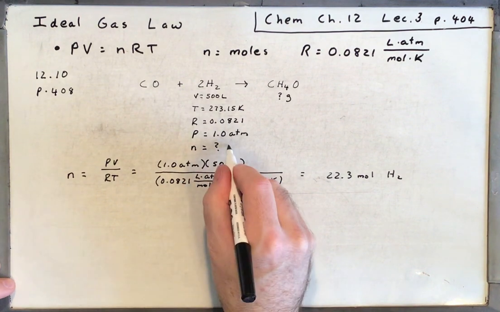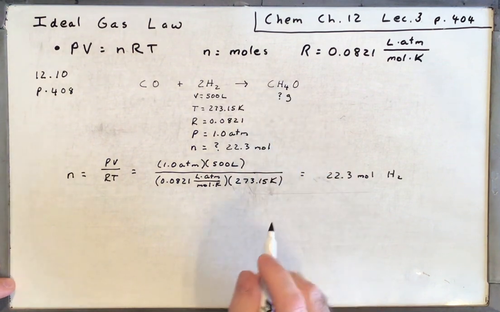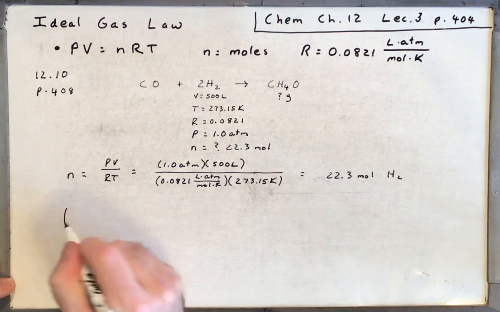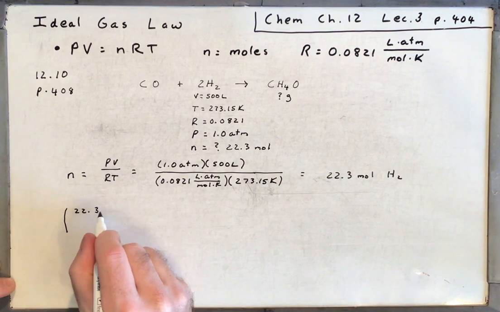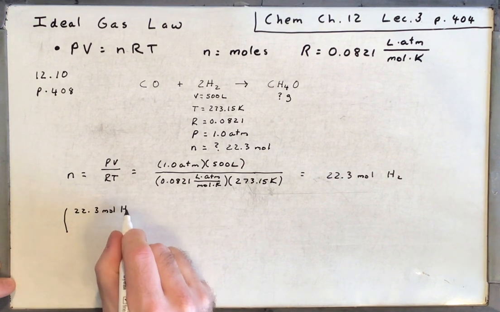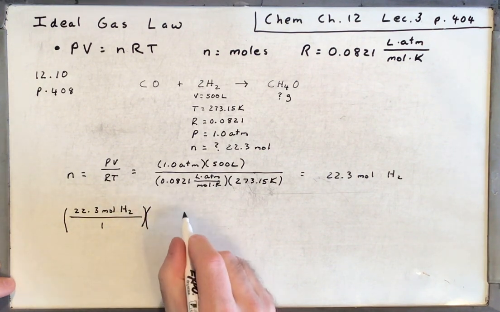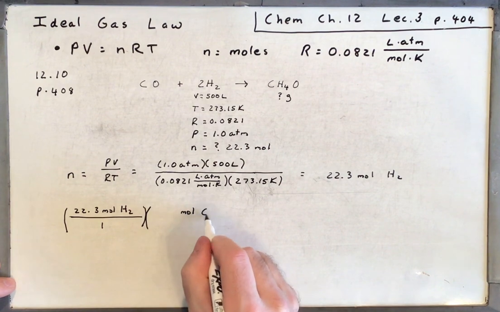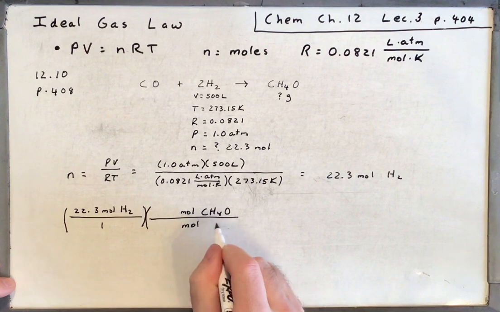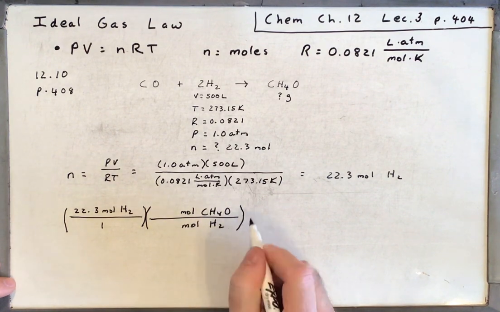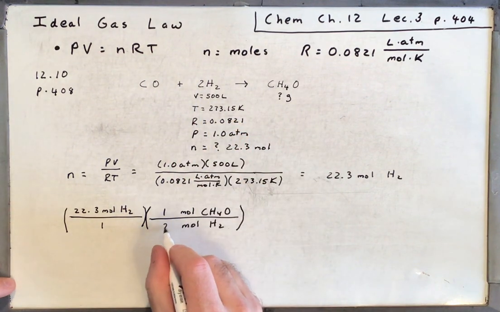We want to convert 22.3 moles of H2 to grams of CH4O. This is where we use our stoichiometric process. We have 22.3 moles of H2. We want to go to moles of CH4O, getting rid of moles of H2. Using our stoichiometry, we'd have 1 to 2.